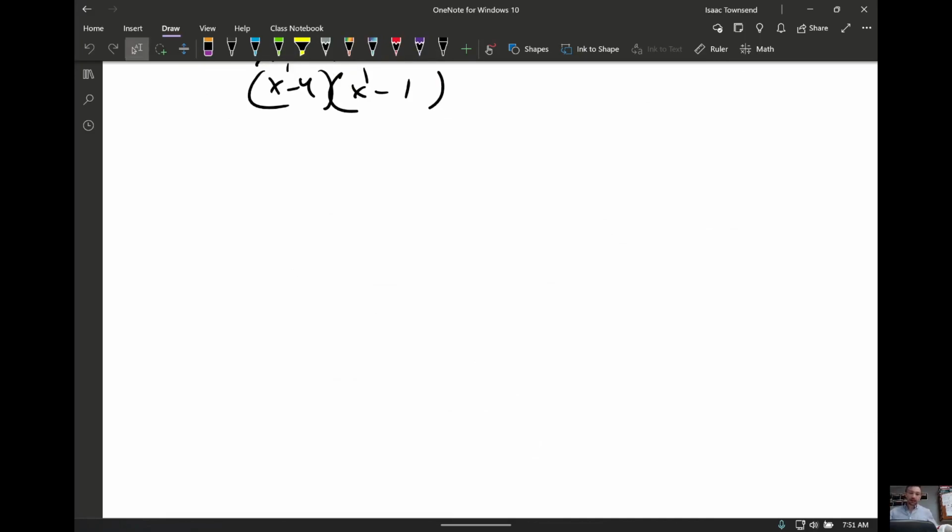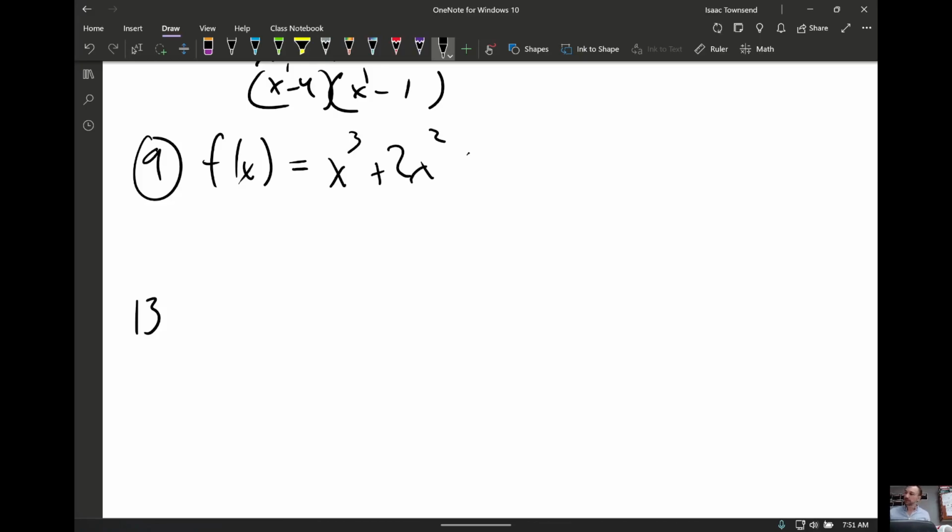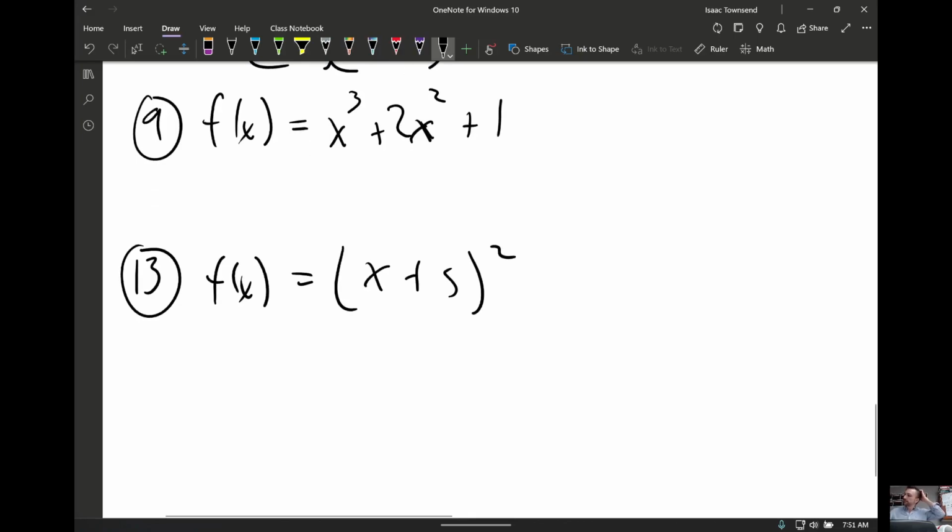Let's see, so 9 and 13 both just wanted not for you to find them or anything, but just determine the number of zeros that it would have.